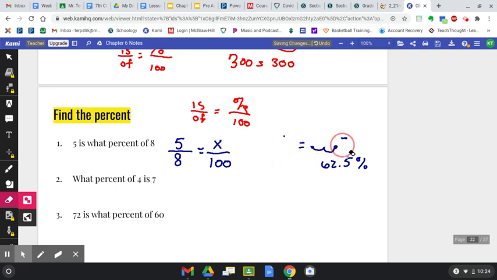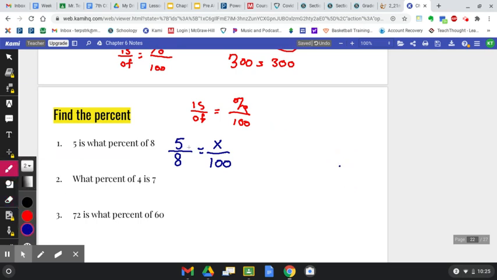Okay, now back that up. We also learned in section 6.2 that we solve proportions using cross multiplication. So I always like to do my variable first.